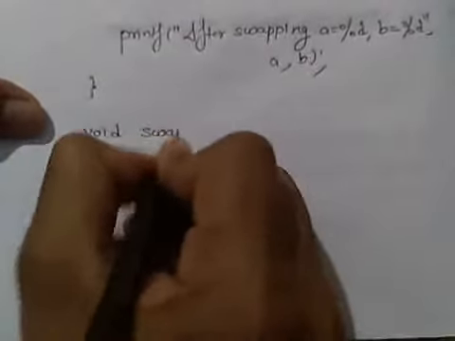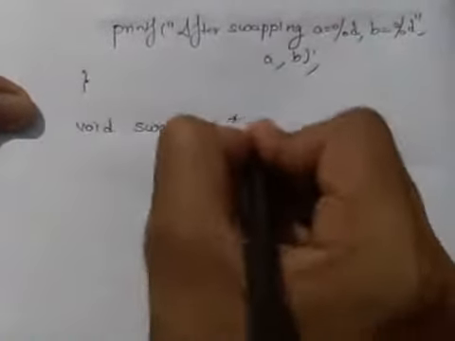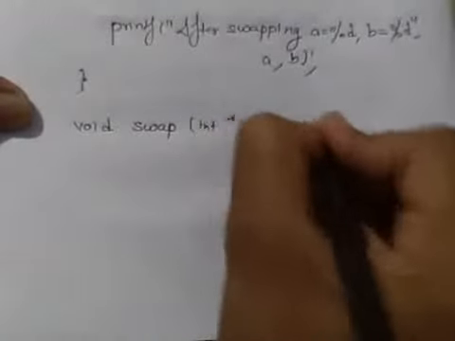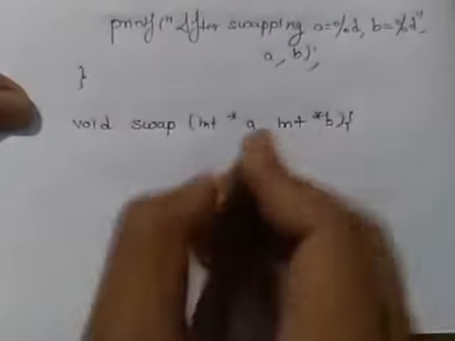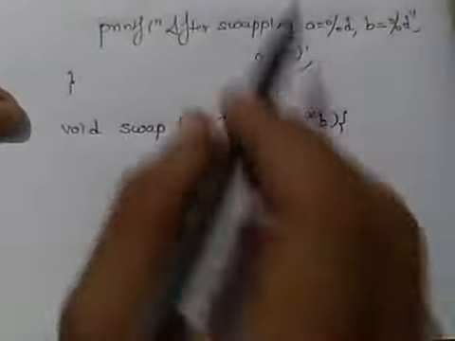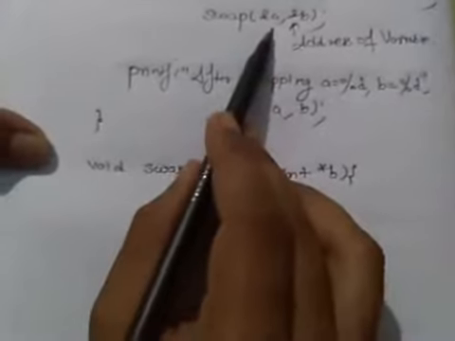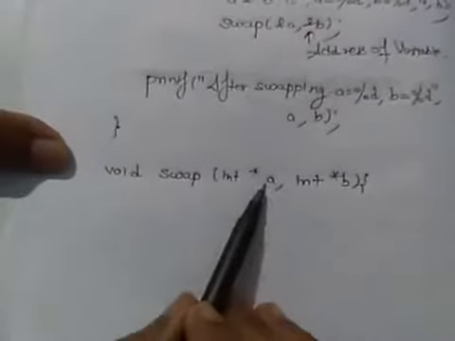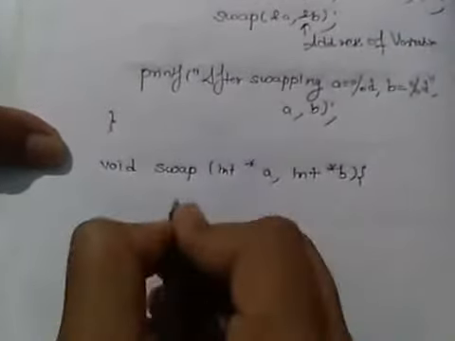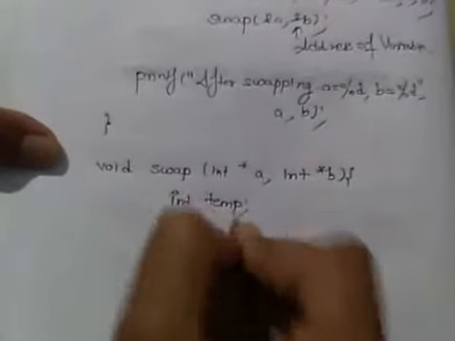Now void swap, integer asterisk a, integer asterisk b. These are the pointers to receive the addresses of the variables a and b. Inside this, take a temporary variable temp.